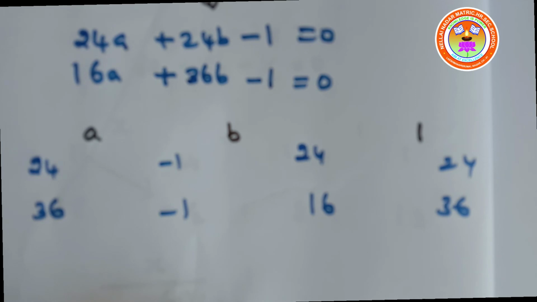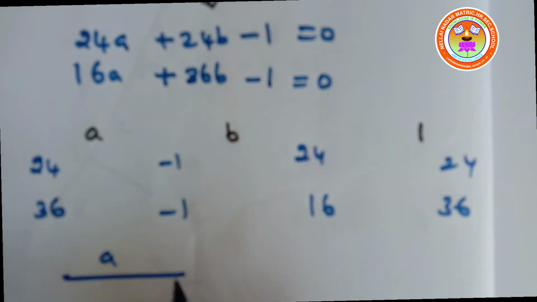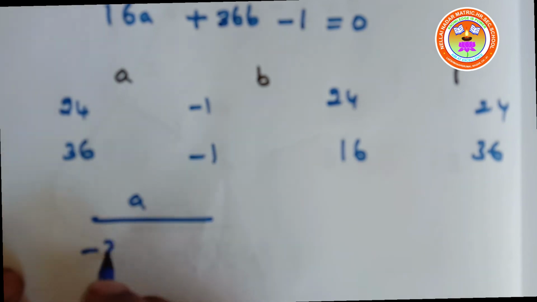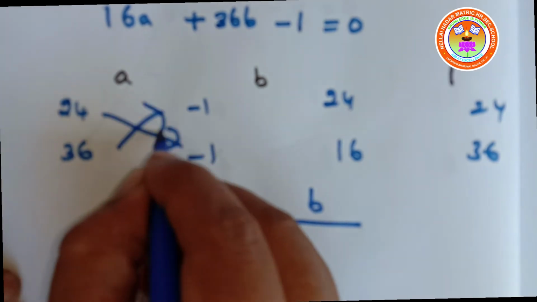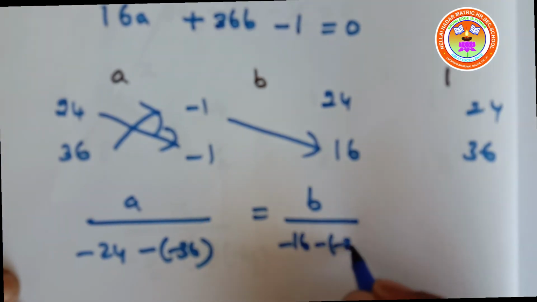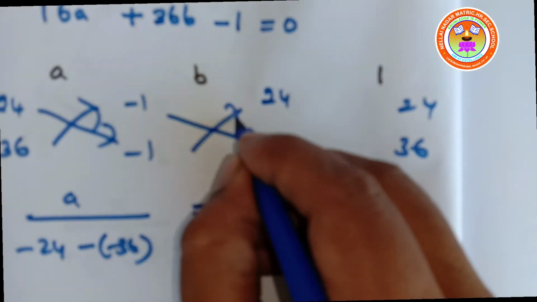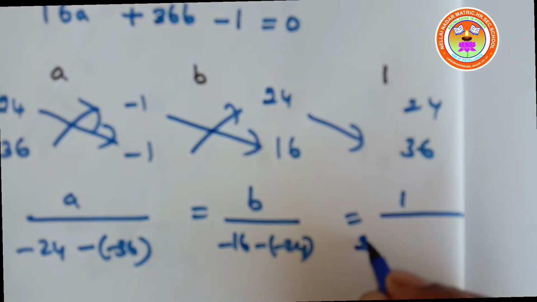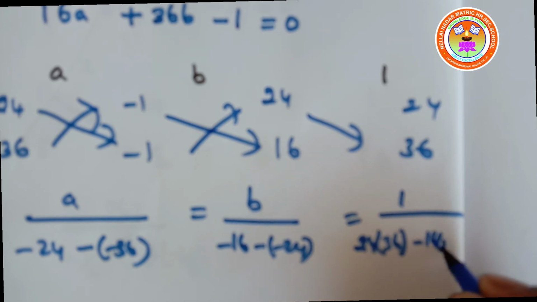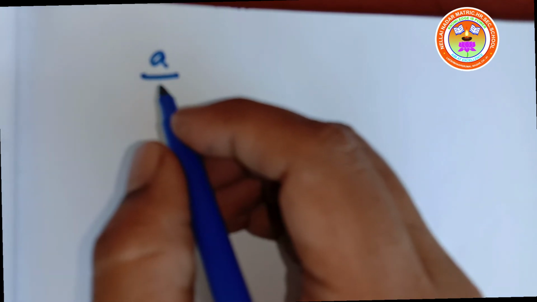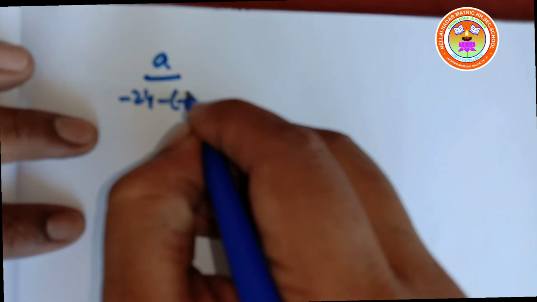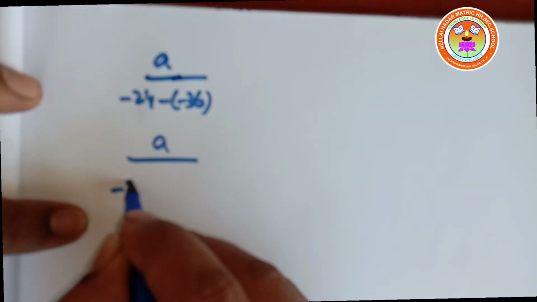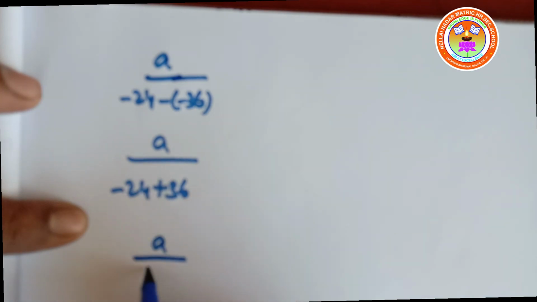Right. Now cross multiply. a by 24 into minus 1 is minus 24, minus of minus 36, that is equal to b by minus 16 minus of minus 24, which is equal to 1 by 24 into 36 minus 16 into 24. Now a by minus 24 plus 36, so a by 12.